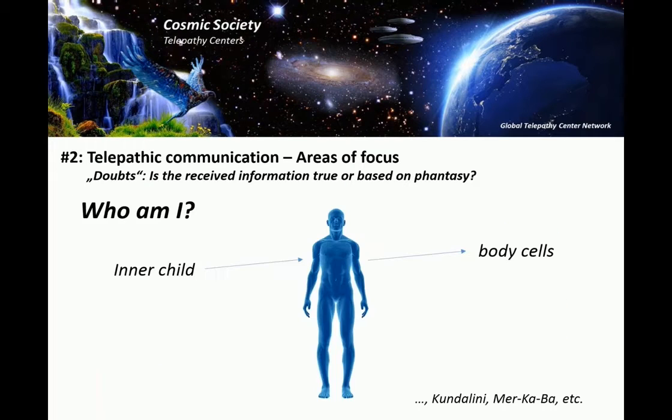So your body cells have a consciousness. Your inner child has a consciousness. Even your Kundalini, the snake in the root chakra, normally, if it's not unfolded, has a consciousness. And even the Merkaba has a consciousness. What does it mean?